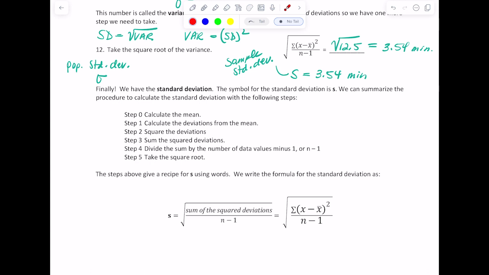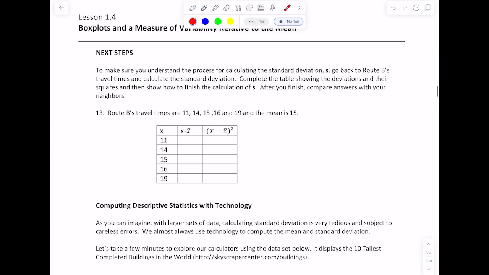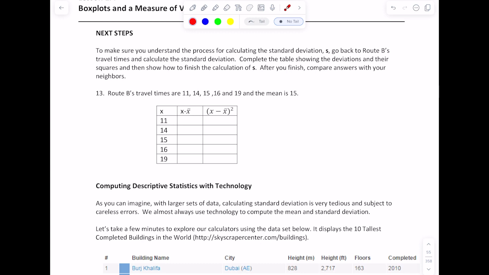So that means that the standard deviation we just found should be larger than the one that you'll find for Route B. So I'm going to let you calculate Route B on your own, but I'll give you the answer so that you can check your work. You should end up with a standard deviation of 2.9 minutes. So that means that Route A did have more variation in travel time because it was larger.